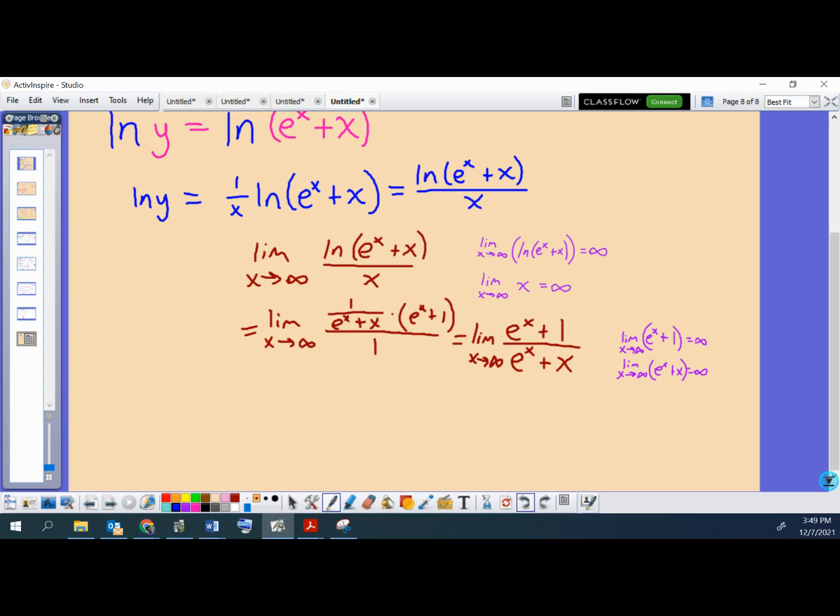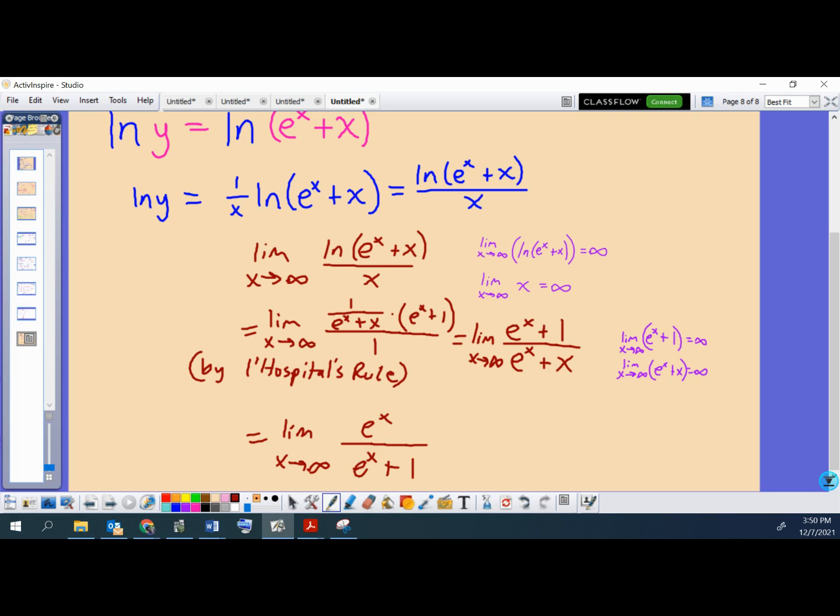But if you want to show it with L'Hopital's rule, since that's what we're learning right now, I'm going to go ahead and do it. Oh, by the way, I never wrote "by L'Hopital's rule" here, so let me do that. And I'll do it again on this next step too. And so again, equals, and now I'm using L'Hopital's rule again, the limit as x approaches infinity of, on top we just get e to the x, on the bottom we get e to the x plus 1.